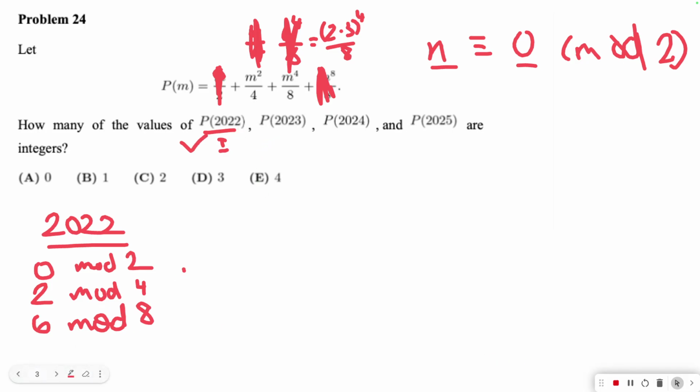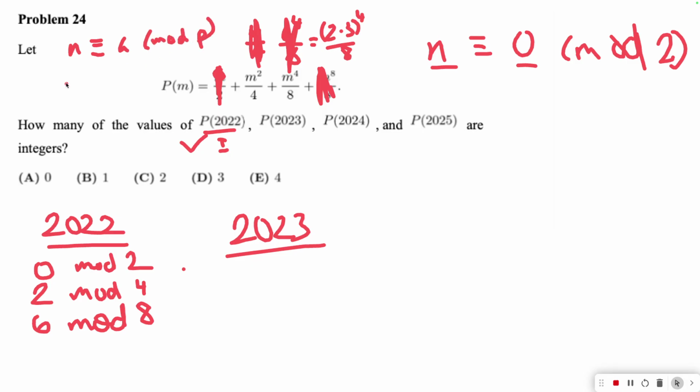Now if we consider 2023, if we move just 1 up, all of these mods would shift 1 up, because the remainder would go 1 up. Let's say n was congruent to a mod p. If we have n plus 1, it would be congruent to a plus 1 mod p, simply because we're just adding 1 to the number, so we have to add 1 to the remainder also.